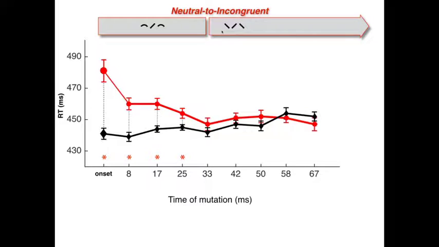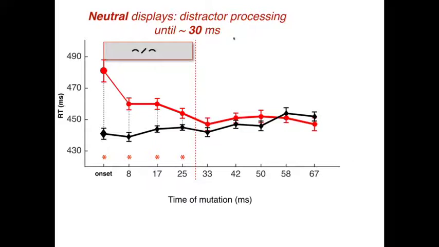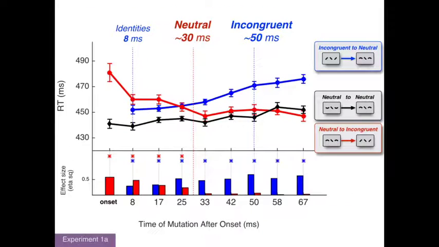So phenomenologically, participants saw only the incongruent distractors, but their responses were determined by the neutral distractors. That means that in neutral displays, the system ceased to accumulate information about the distractors somewhere between 25 and 33 milliseconds after onset.